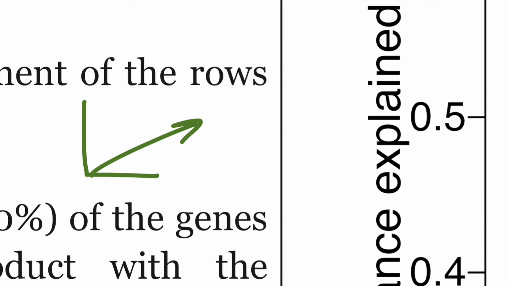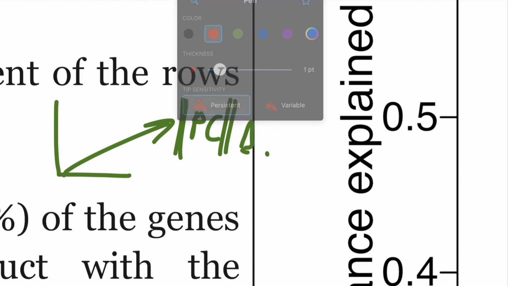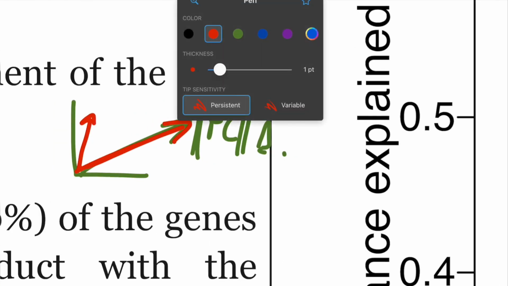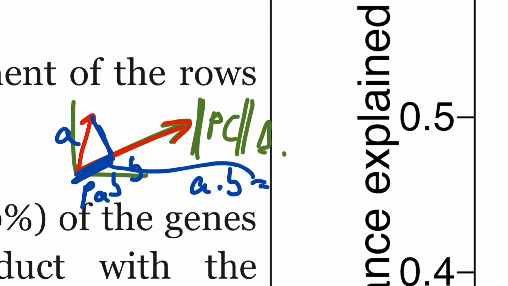The principal component always has size 1. Now the inner product between one vector and a vector of size 1 is going to be exactly the projection of A on B. So A dot B is literally equal to this bit.